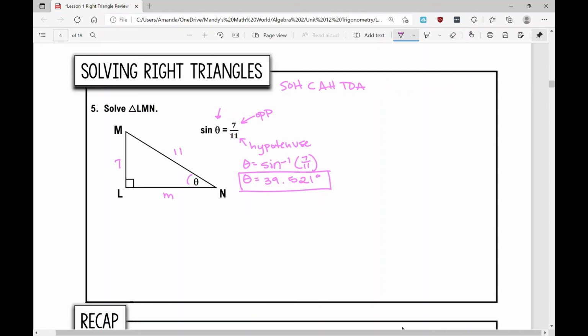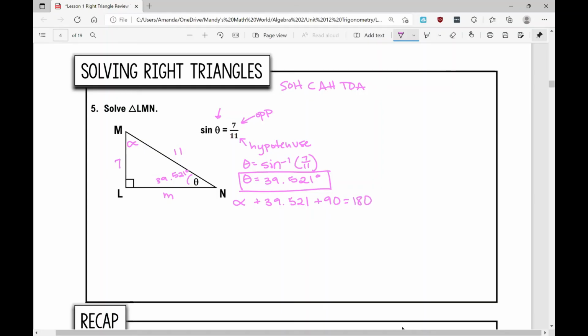So I've got 39.521. What I can do is I can plug that into, I know that the angles in a triangle add up to 180 degrees, and I can go in any order, but I know that this is 39.521 degrees. So this angle measure up here, we'll call it alpha. I know that alpha plus 39.521 plus 90 is going to equal 180.